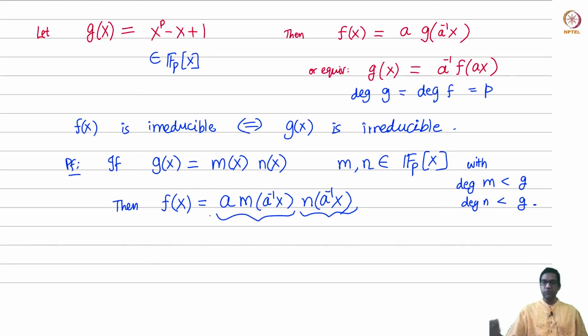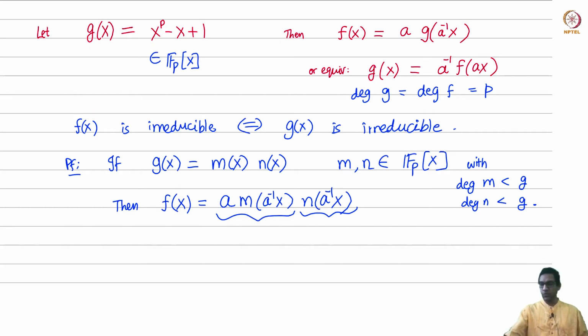Okay, so this gives us a way of rewriting f as a product of two polynomials whose degrees are strictly smaller than f. In other words, if g is reducible, then f is reducible. And you can work the same argument with the roles of f and g reversed. Okay, good. So that just shows that if f is reducible, then g is reducible and vice versa.